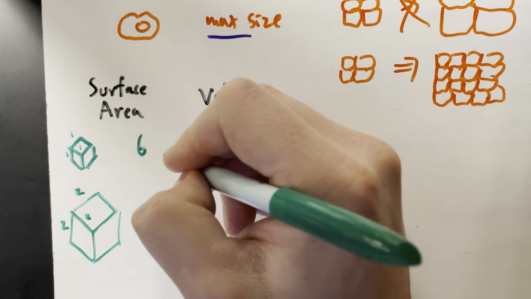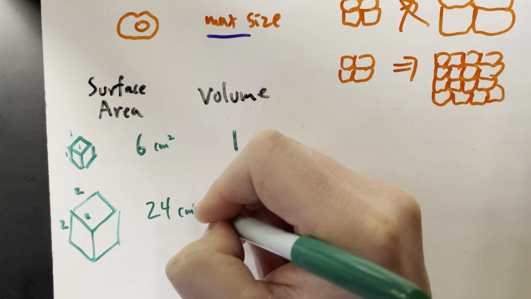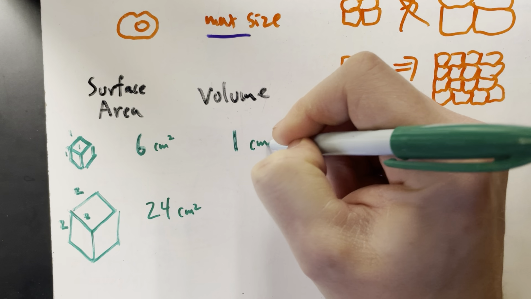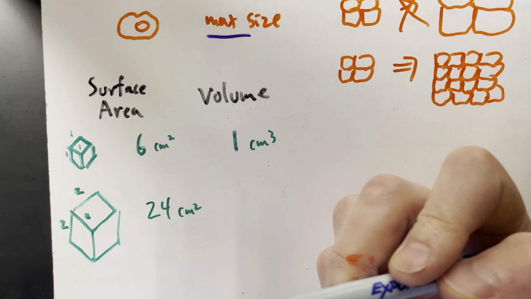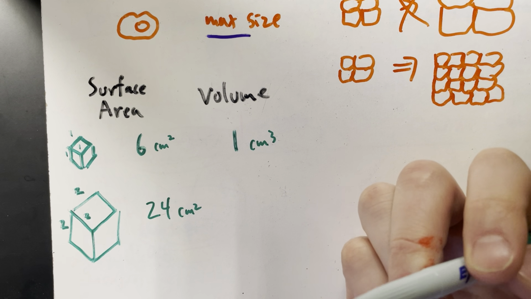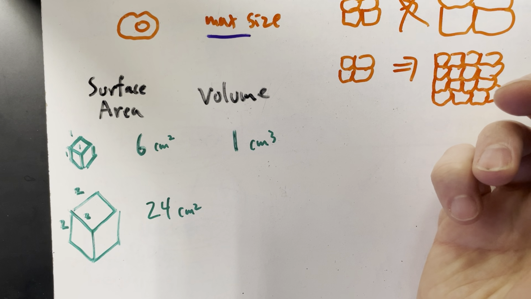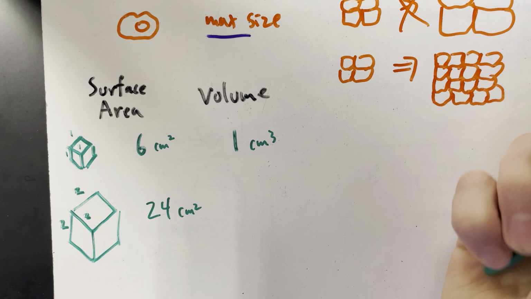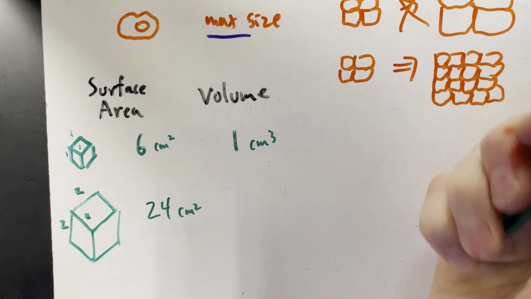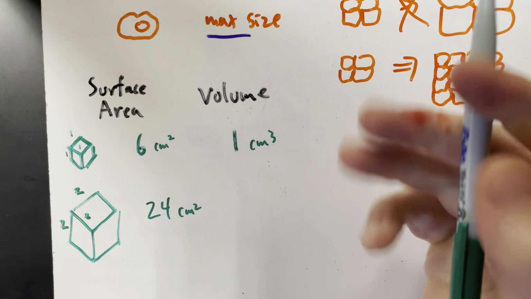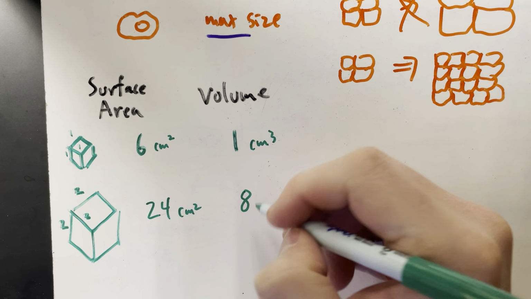So the surface area is 24, in square units. And then the volume is cubic. What is the volume of a 2 by 2 by 2 cube? Eight. 2 times 2 times 2 is 8.